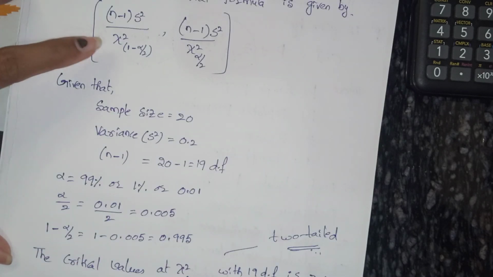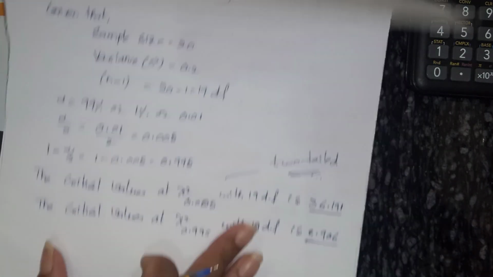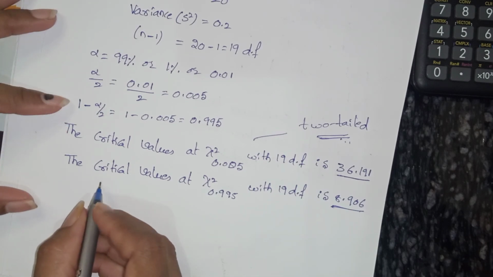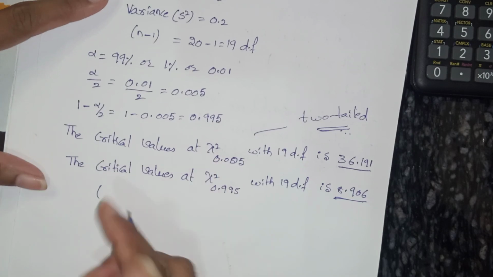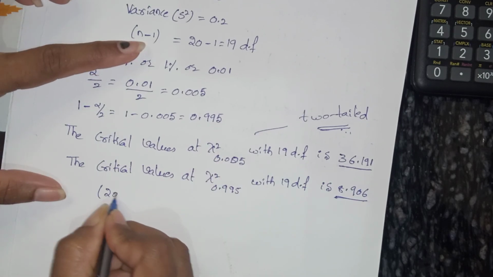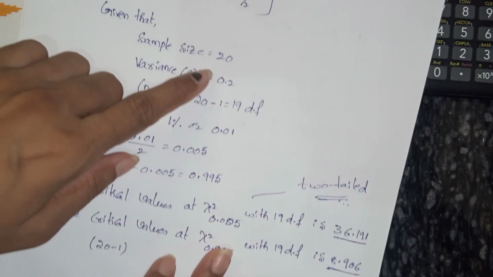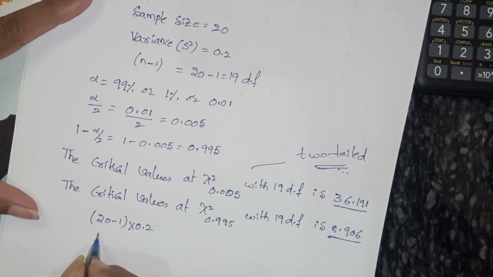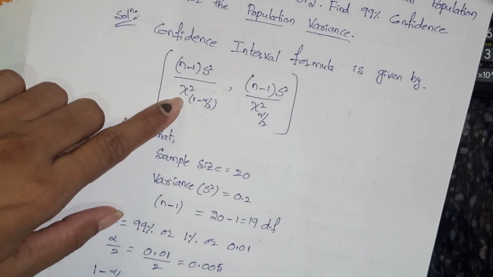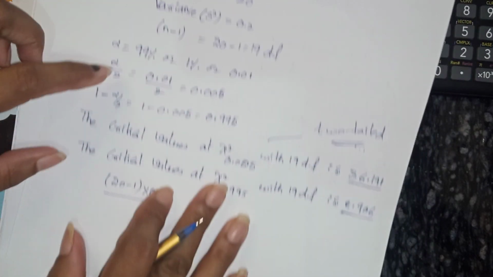So now we will substitute in this. N minus 1, in the sense 20 minus 1, times s square, here 0.2, divided by chi-square 1 minus alpha by 2.